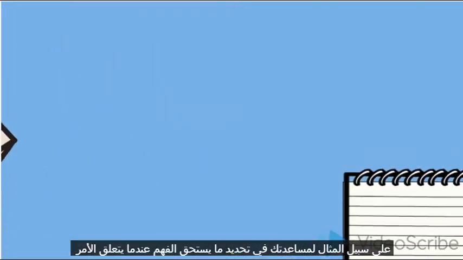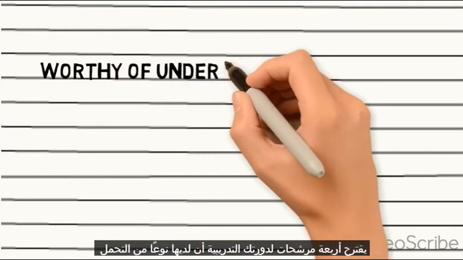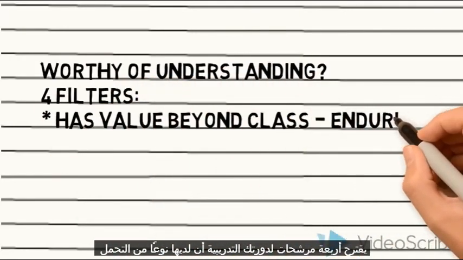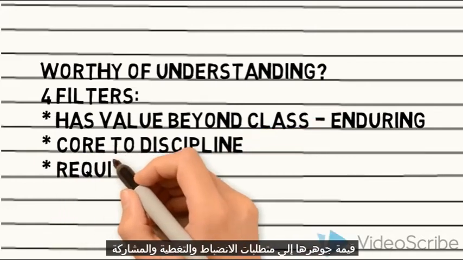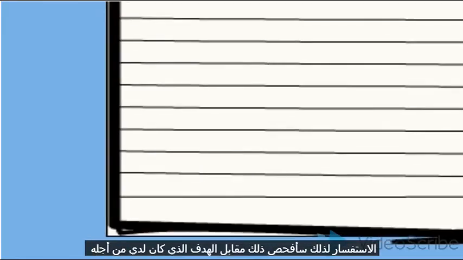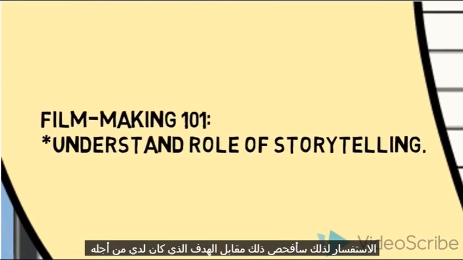For example, to help you determine what's worthy of understanding when it comes to your course, 4 filters are proposed. That it has some kind of enduring value, is core to the discipline, requires uncoverage, and engages inquiry. So I'm going to check that against the goal that I had for understanding, which is understand the role of storytelling.